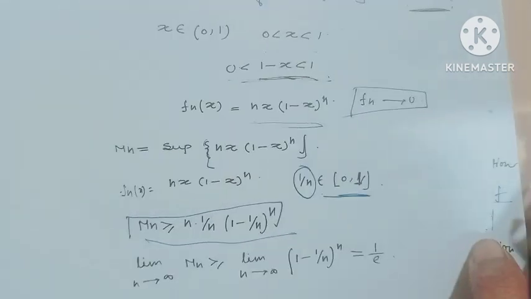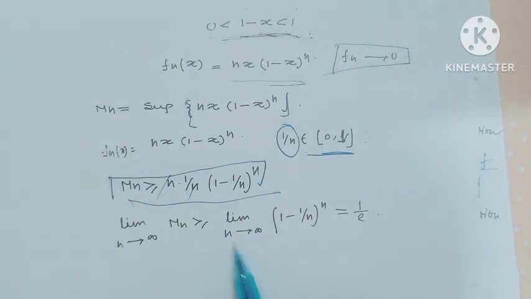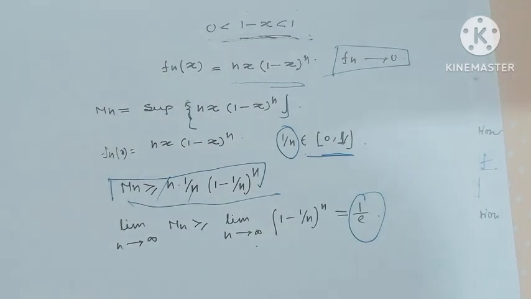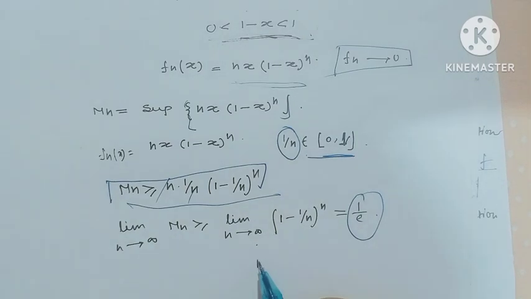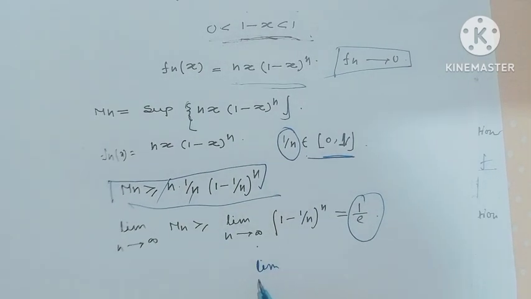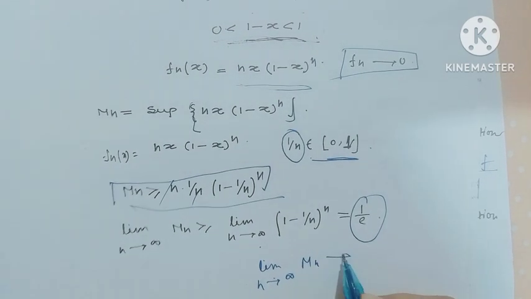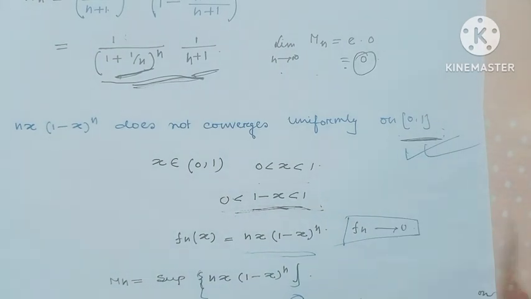Just cancel this part, and applying limit on both sides, this value is 1 over e. Since limit Mn does not tend to 0, this function does not converge uniformly on the closed interval [0, 1].